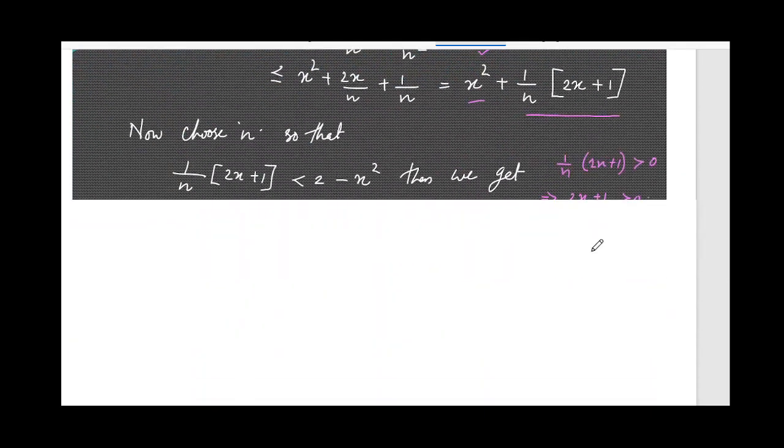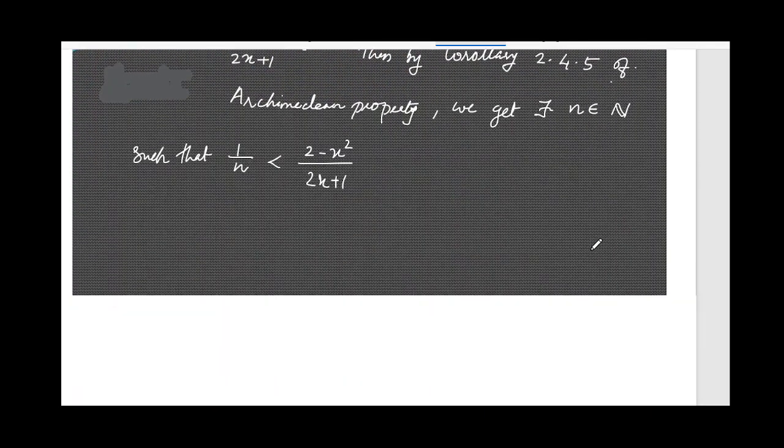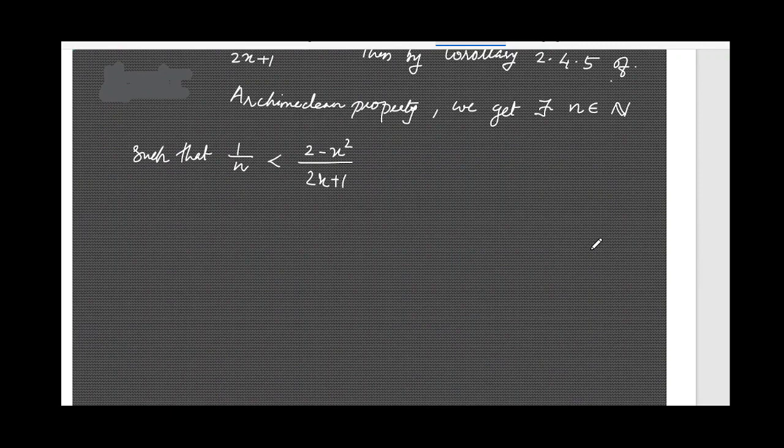So (x + 1/n) square we have found out, and that value is less than (2 minus x square) by (2x plus 1).